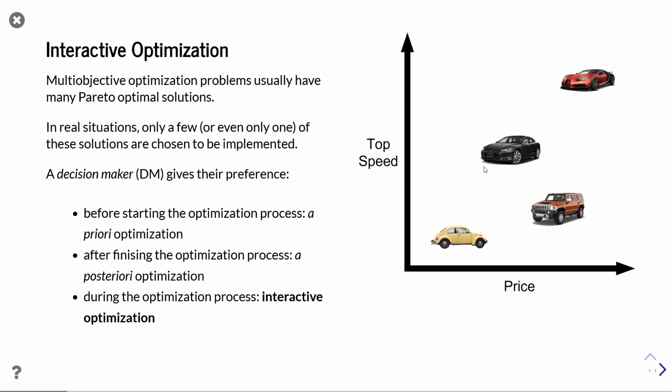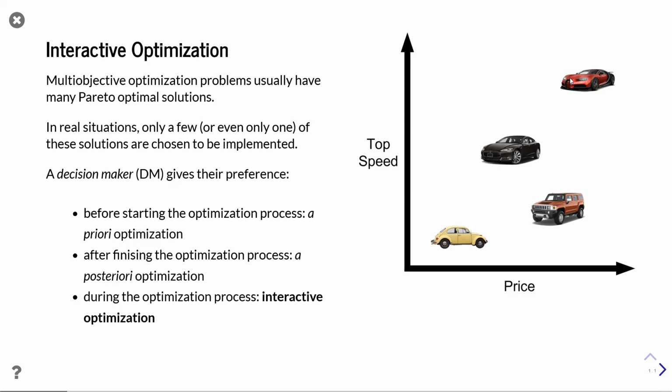An evolutionary algorithm might be able to tell you that, okay, maybe don't buy this Hummer if you only care about top speed and price. Buy either a Beetle or this Tesla or this Veyron. But how do you choose which one to buy? Well, in real life, you might have some preference.